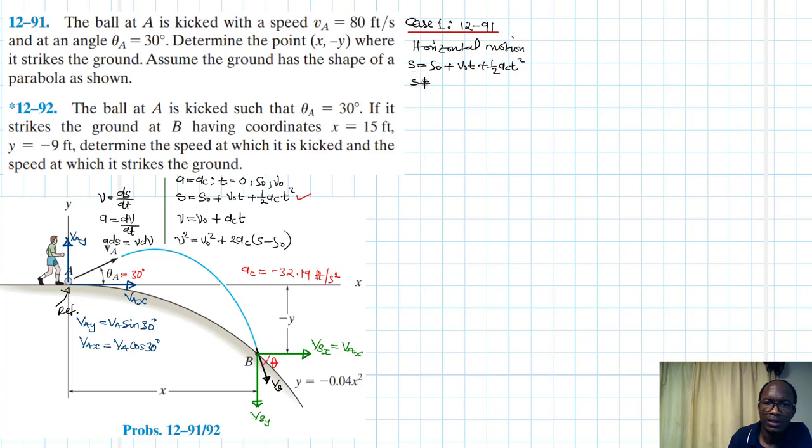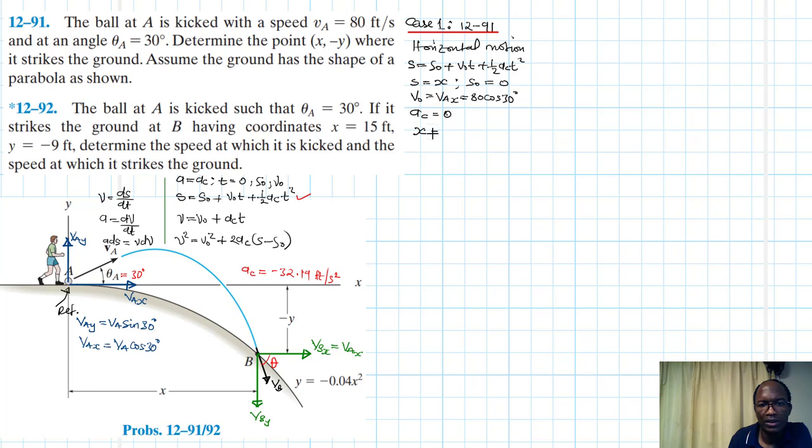Our S in this case is equal to x. Our S naught is equal to 0. Our V naught is equal to VAX, which is equal to 80 cos 30. And since this motion is constant, the acceleration AC is equal to 0.